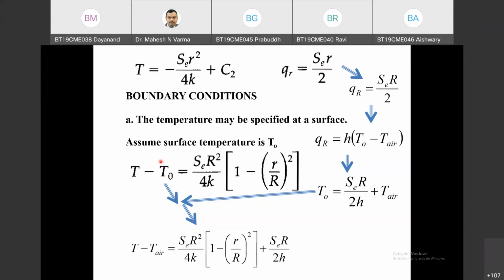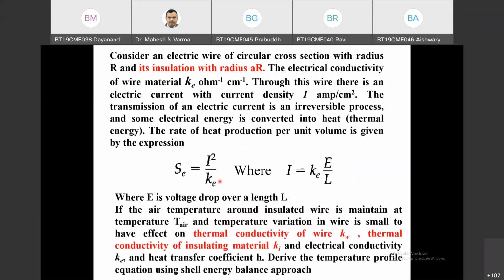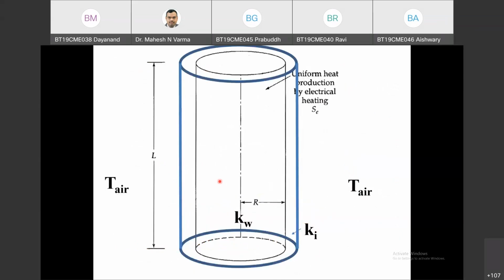Substituting this T0, initially assumed, you get the temperature profile, and overall you will get 4 equations. Here it is not 2 equations only. One temperature profile for the wire material, one temperature profile for the insulating material, one flux profile for the wire material, and one flux profile for the insulating material.